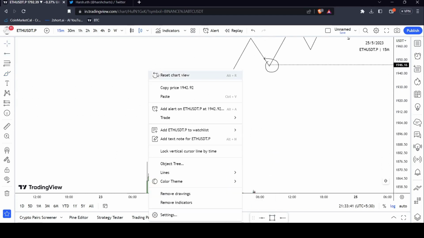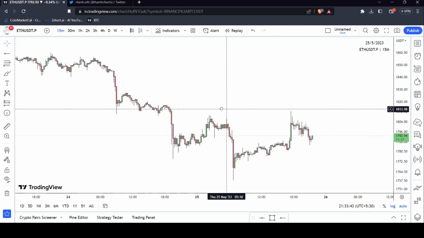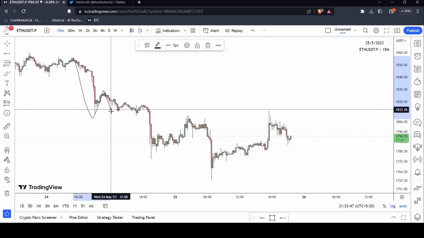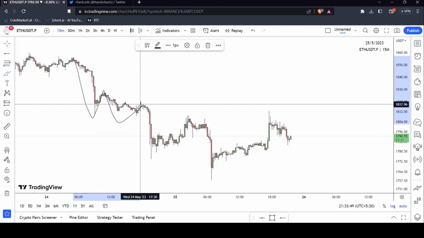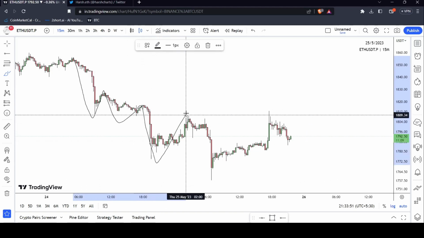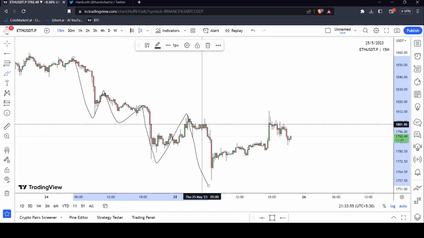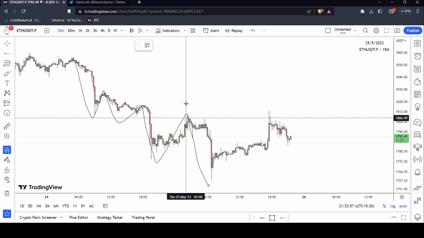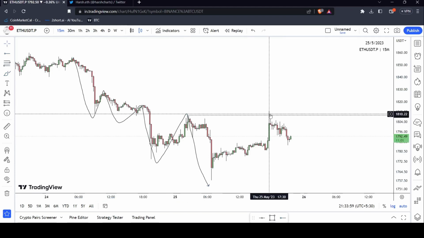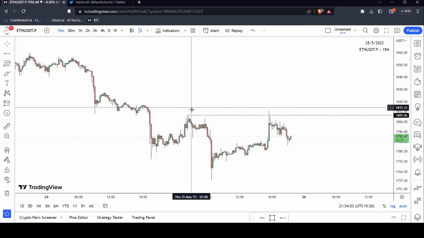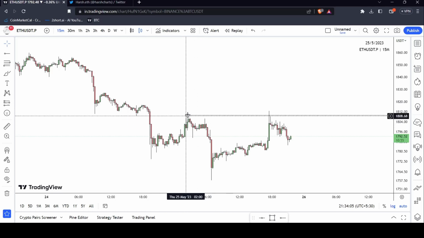Let me show you some live examples on the chart. So for example, the market is making lower low, lower high, lower low, lower high, lower low, right? So what is the recent high of the market? This one, right? So first thing is that I can see a liquidity, the recent high of the market, which is a swing high.